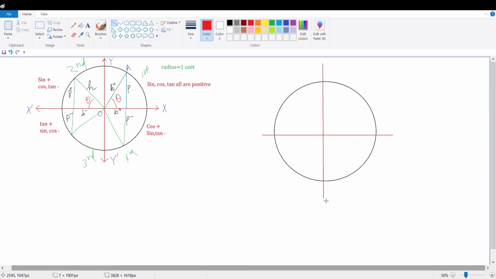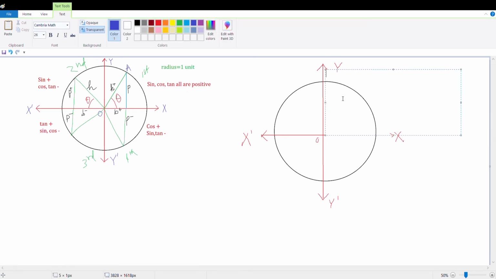Okay, so let me draw. As per the question, this is x-axis, this is negative x, this is y, this is negative y. Okay, this is O. So I'm just writing which one is positive and which is negative.